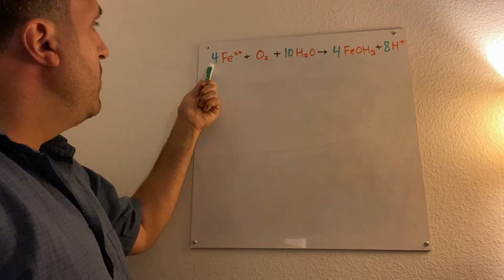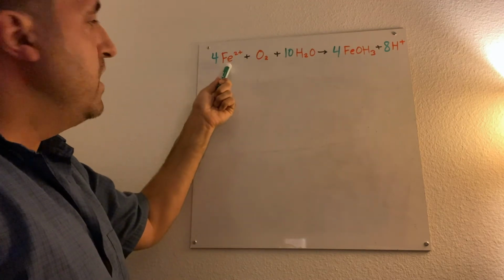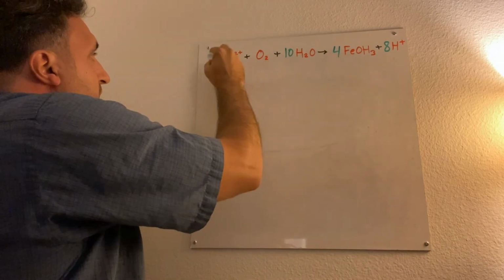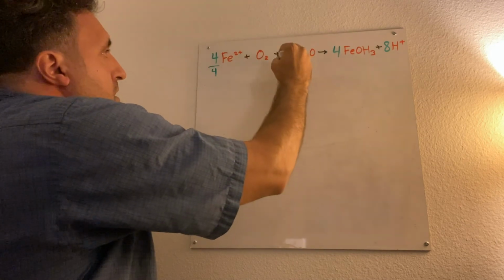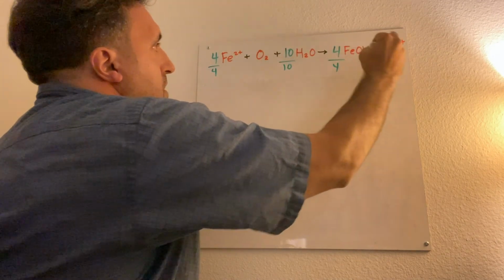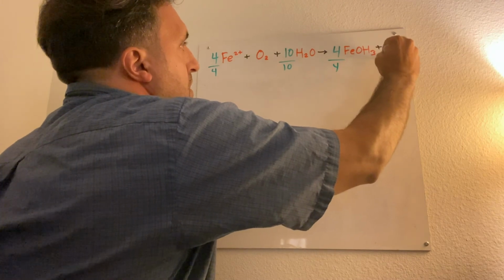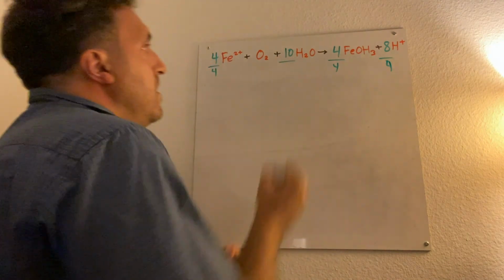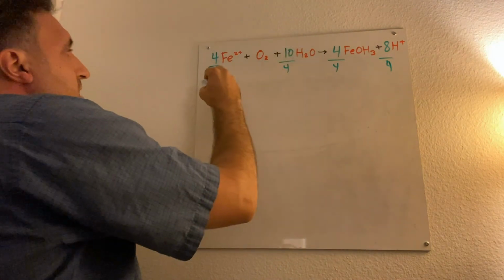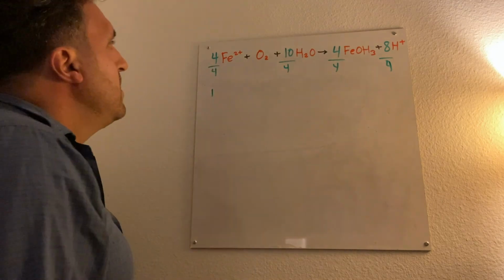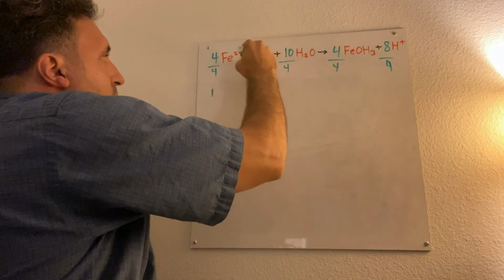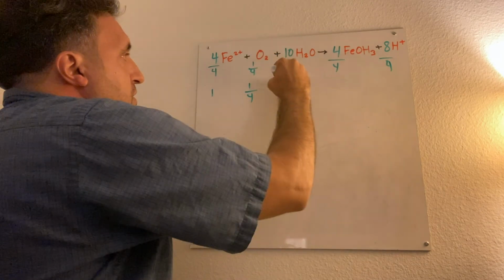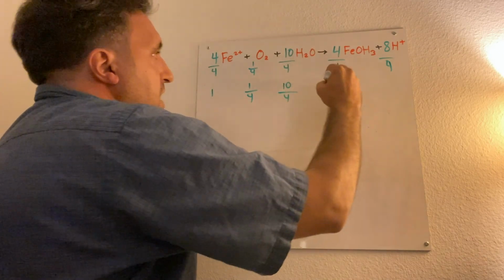So we have the stoichiometry here. We know the rate of Fe2 plus, so we're going to rearrange this equation dividing everything by 4. And that's going to give us 1, it's going to give us 1 over 4 for the oxygen, 10 over 4 for the H2O.